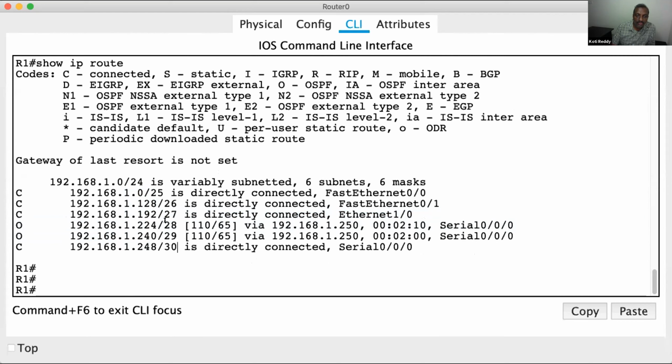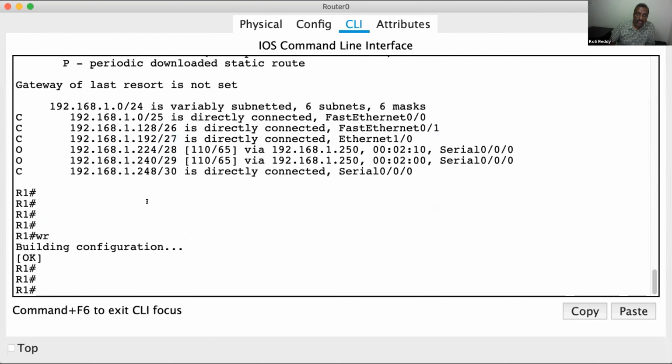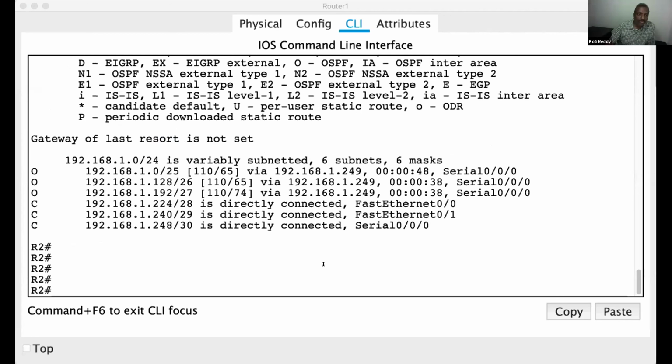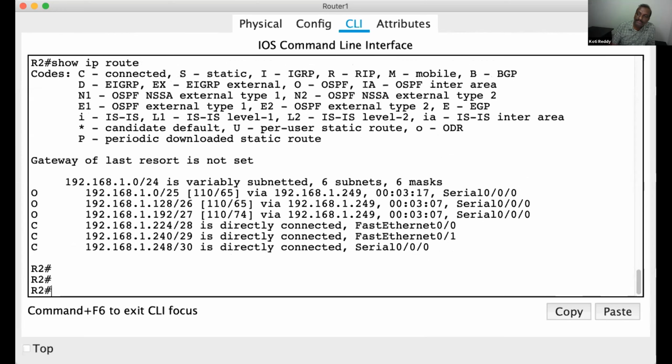That's 1, 2, 3, 4, 5, 6, right? All 6 networks are known to this particular router. Even if I go to the other router and give the command show IP route, it shows all the network IDs.